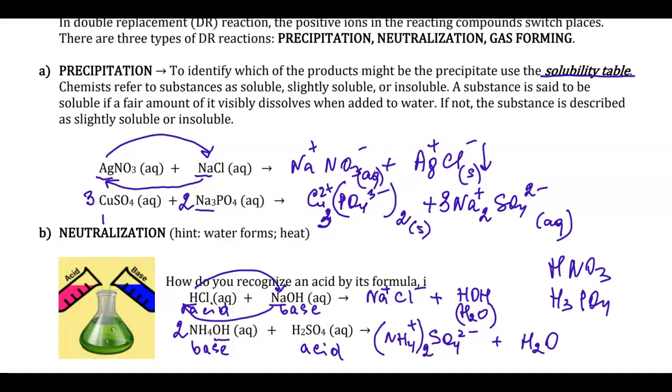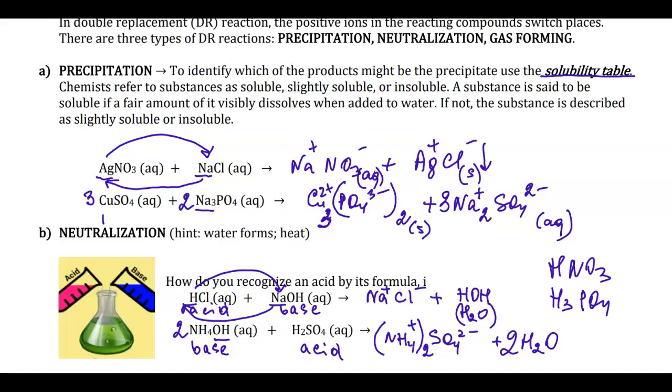So 8 hydrogen here and 2 gives us 10, and here 12. So I need to add 2 in front of water. And I think it's balanced now.